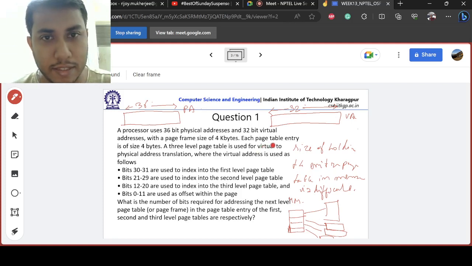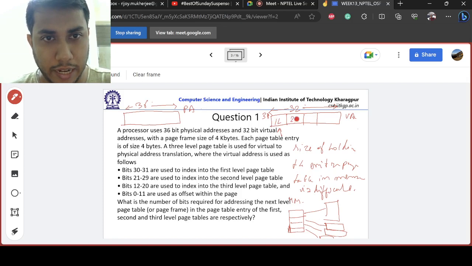here it is divided into four parts, right? These two bits, that is 31 to 30, represent your first level.